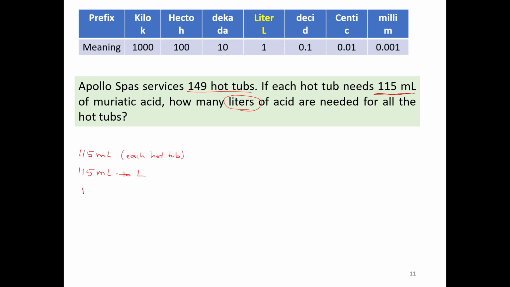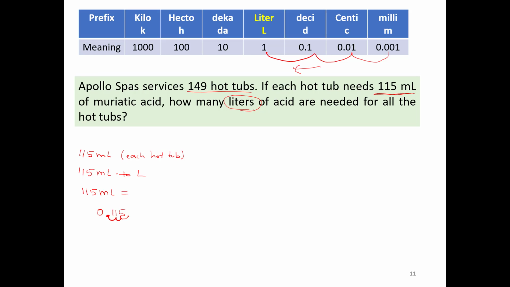Then 150 equals, let me write here milliliters to liters. Then 1, 2, 3, 3 places to the left, and the decimal point is here. 1, 2, 3. Here is the decimal point, right?